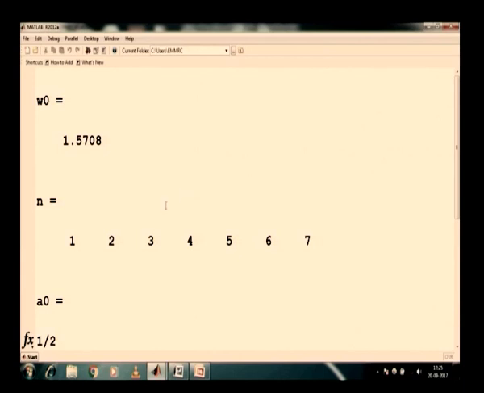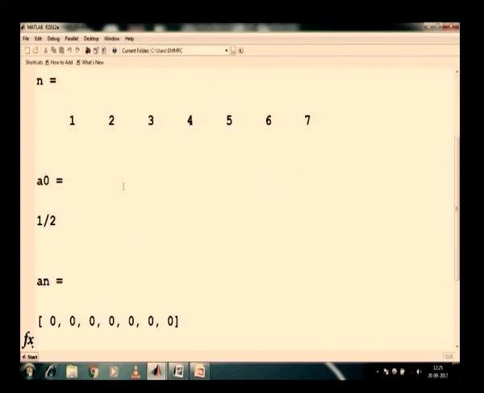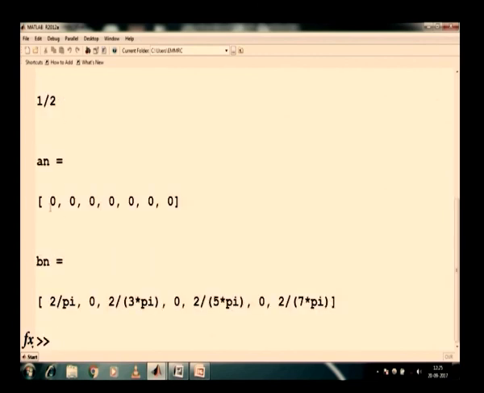Here we are taking omega naught value, 2 pi by t, which is 1.57, and the n value is varied from 1 to 7, that is 7 coefficients. Then a naught value is 1 by 2, a n values are 0, and b n values are 2 by pi, 0, 2 by 3 pi, 0, 2 by 5 pi, 0, 2 by 7 pi.